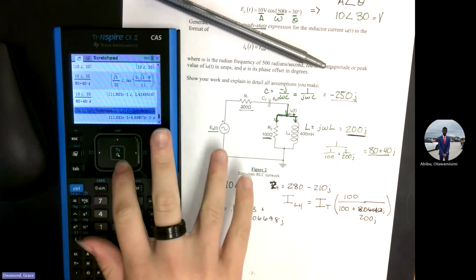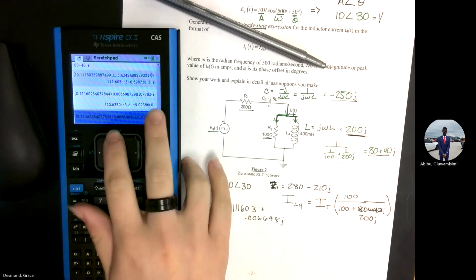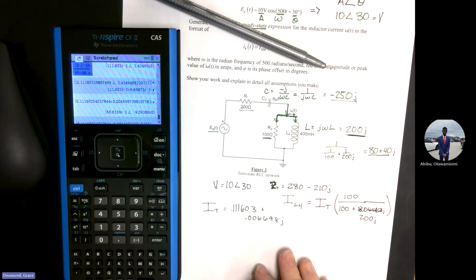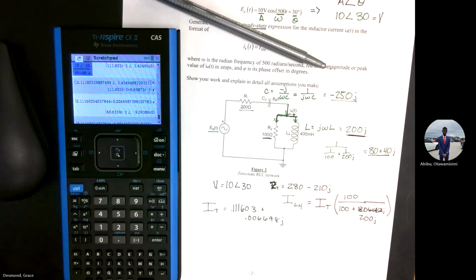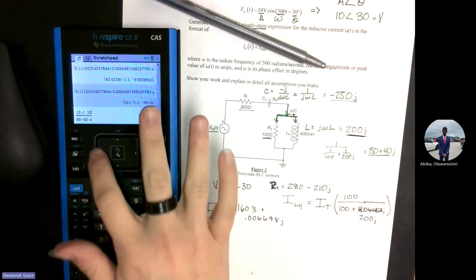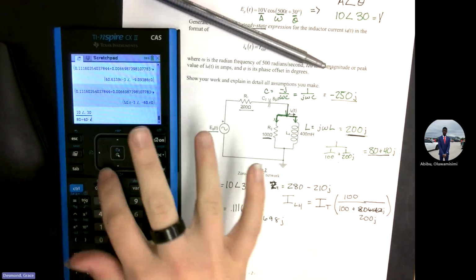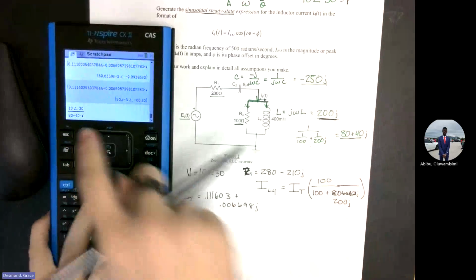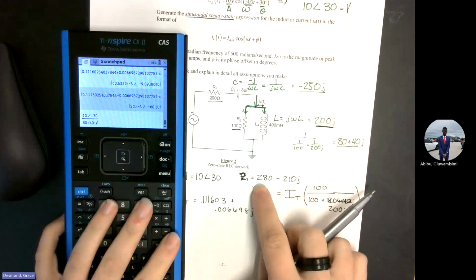Hang on, did I make a mistake? I made a mistake. Didn't I make a mistake? Did you? He's my sanity check right now. I think I messed it up. Oh my gosh, y'all. I messed up the total impedance.